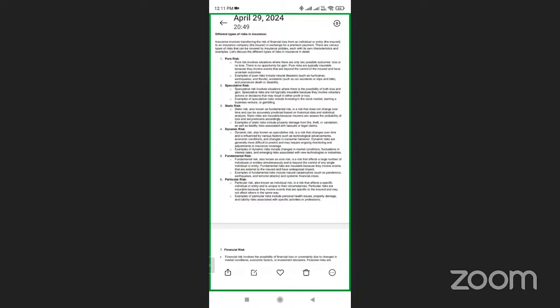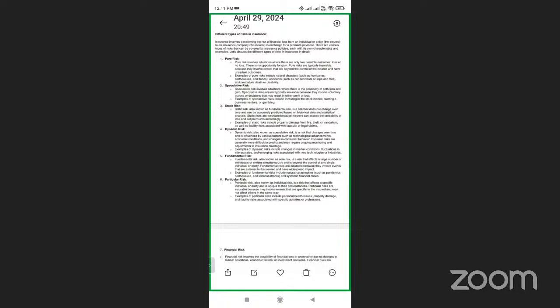Whatever assets there are, they are exposed to these kinds of risks which we are going to discuss, and against these types of risks, insurance for the assets is taken. So the various types of risks that can be covered by insurance policies are as follows.